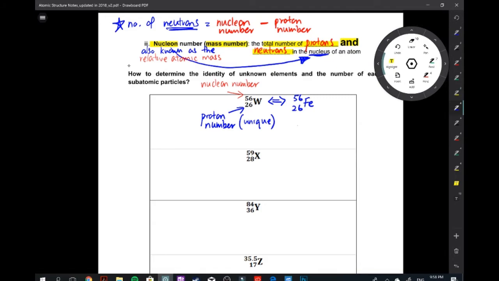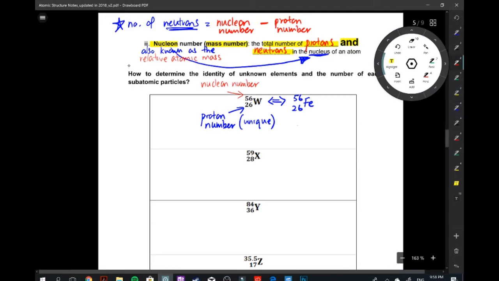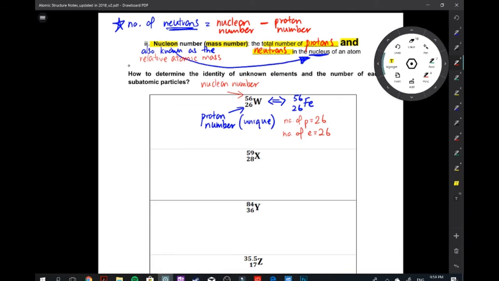Now, in terms of the number of particles, how many protons do you think this particular atom will have? Looking at the proton number, it should have 26. How about the number of electrons? Since atom is electrically neutral, it should also be 26. But now, the number of neutrons.